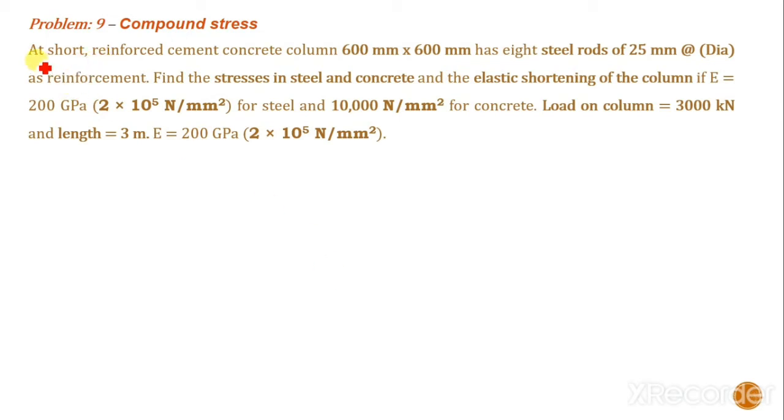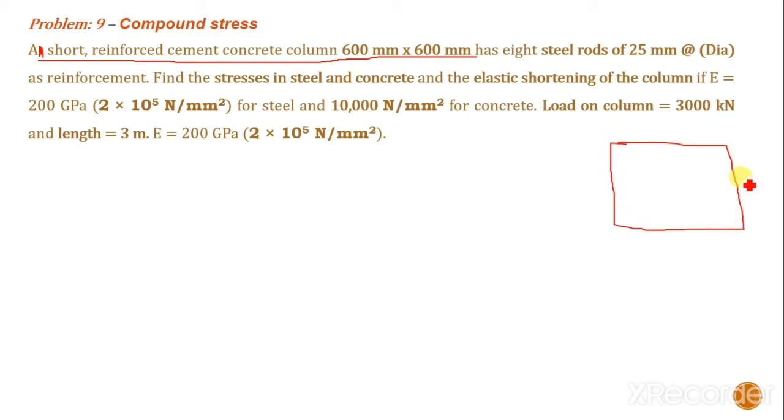As you can see here, a short rectangular concrete column 600 by 600 mm, I mean, this is the column, 600 and this is 600 mm, has 8 rods. This is a cross section of the concrete column, therefore I can see the cross section of the steel bars also here. So how many are there? 8 bars, and each has a diameter of 25.